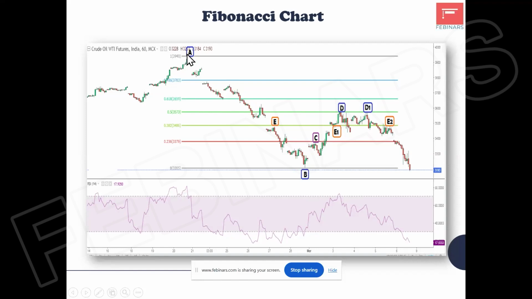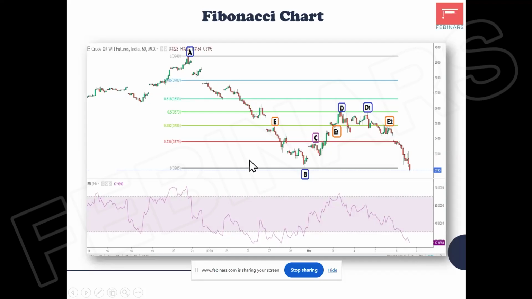We have started drawing from point A to point B, the start of the trend to the end of the trend. Then the retracement starts, price starts falling in crude oil from 3940 to 3205. From there, the retracement starts happening.